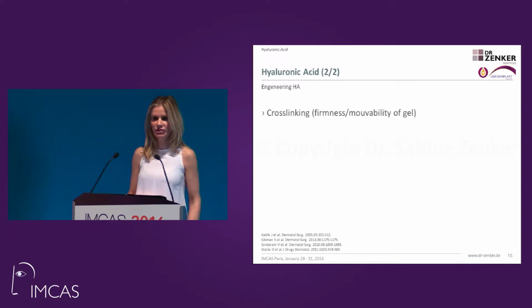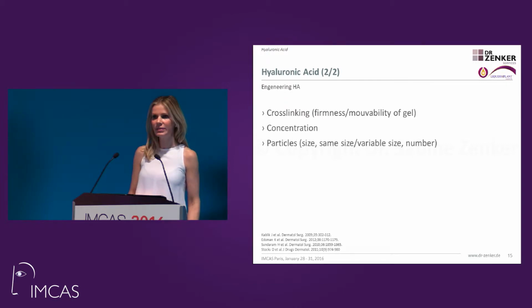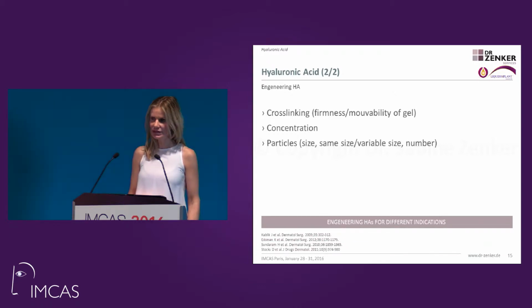Basically, companies provide these fillers by changing their features, by different cross-linking processes to give the gel a certain firmness, by adding different concentrations of hyaluronic acid, and by milling the hyaluronic acid down to different particle sizes and non-particulate gel for better injectability.